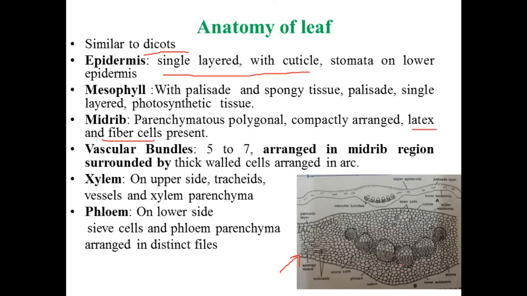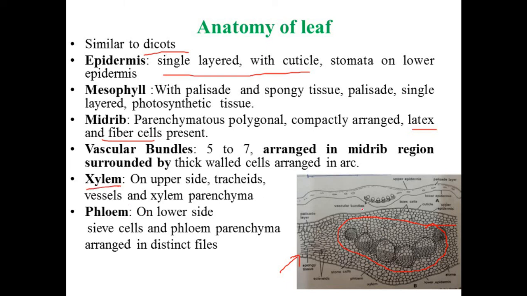And vascular bundles, interestingly, are arranged in an arc. Here you can observe their arc fashion arrangement, and they are 5 to 7 in number, and specifically they are in the midrib region, surrounded by thick walled cells.